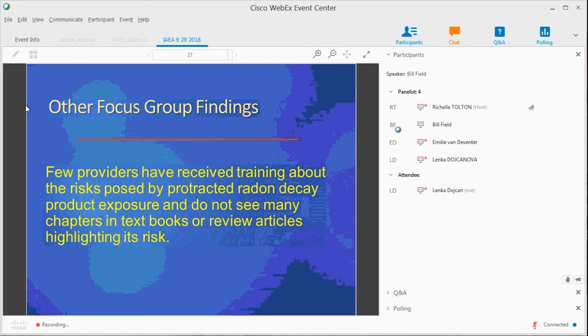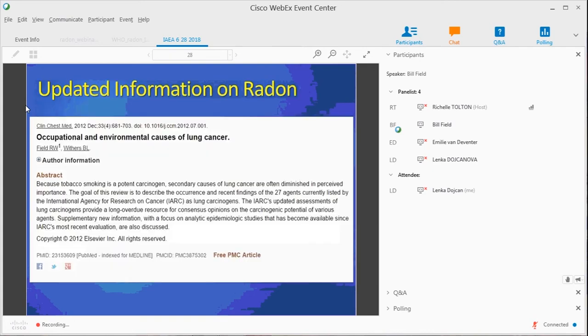Some papers talk about hormesis, the beneficial effects of radon. So there was a real need in the focus groups for a good source of information that was reliable and science-based for the providers. One of the things that we've been working on is trying to get more papers out there for the general healthcare community.